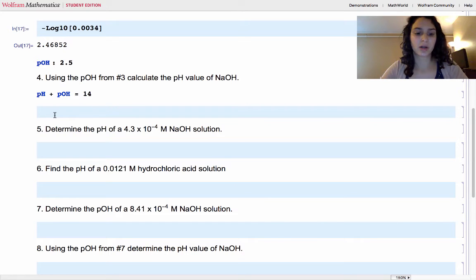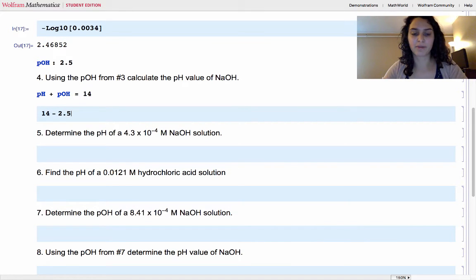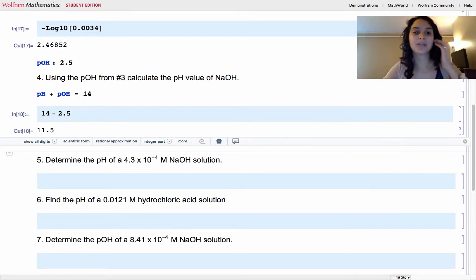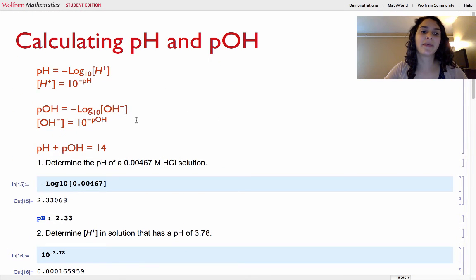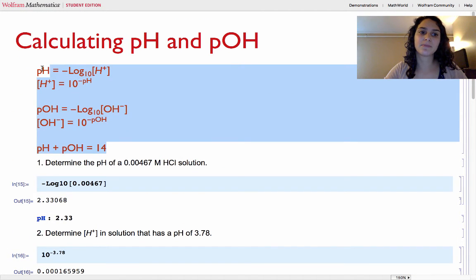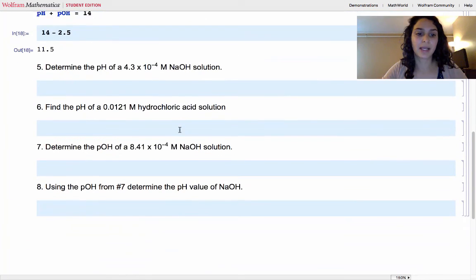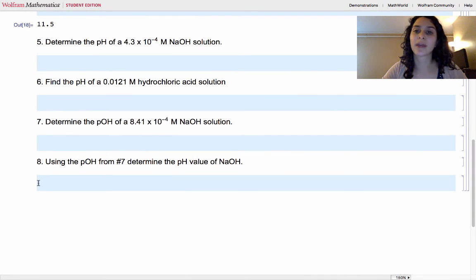So if I do 14 minus 2.5, my pH value is 11.5. And that makes sense for a basic solution. So we were just using these equations to determine the pH and pOH value of different substances. I would like you to do numbers 5 through 8 on your own.